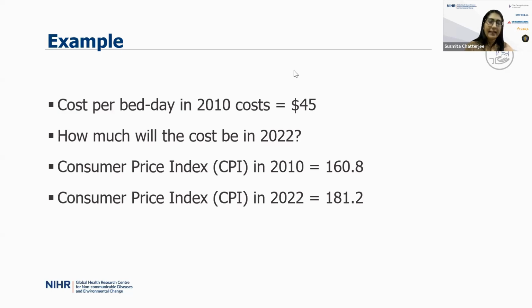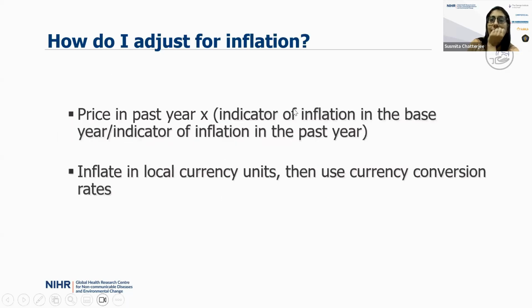Answer in the chat in 5 minutes. The formula is this: price in past year multiplied by indicator in the base year divided by indicator in the past year.